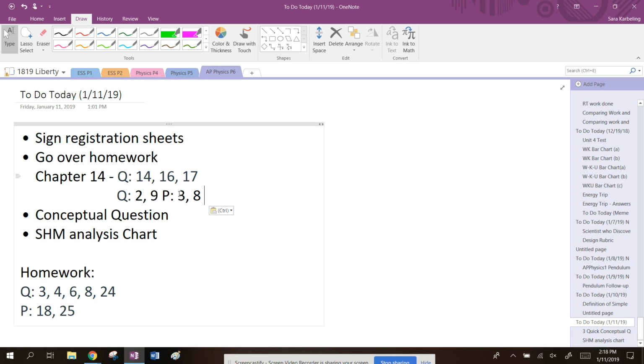You with me there? Seconds per cycle, cycles per second. It must be what's the R word? Reciprocal. Reciprocal, that's what I was looking for. F is equal to 1 over T, or you can write that as T is equal to 1 over F. If you know one, you definitely know the other because it's just 1 over. Okay? So now we can find the period of this thing.